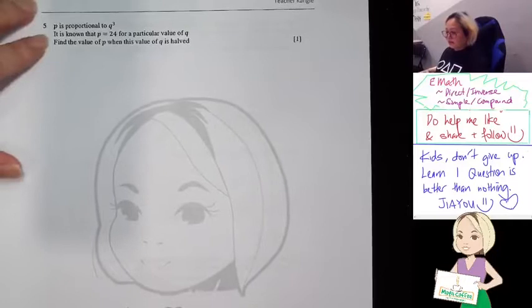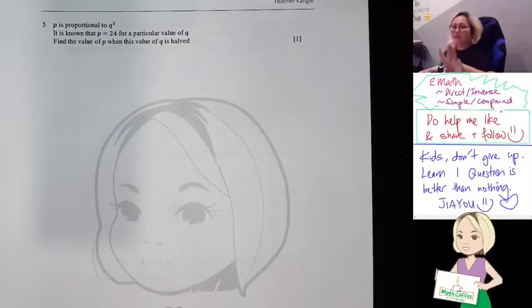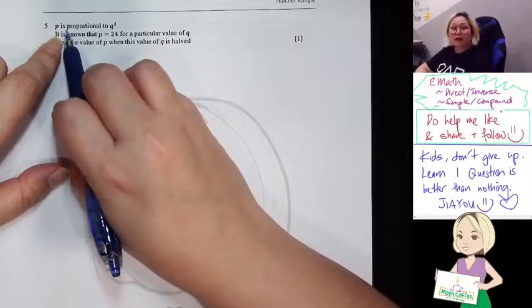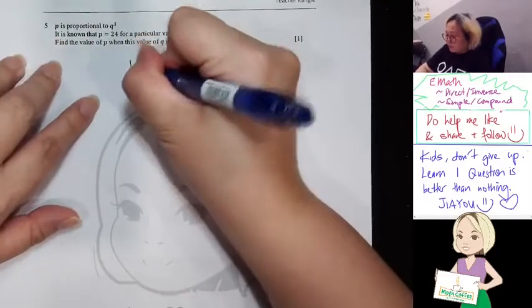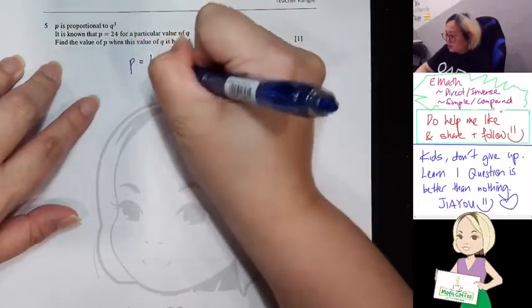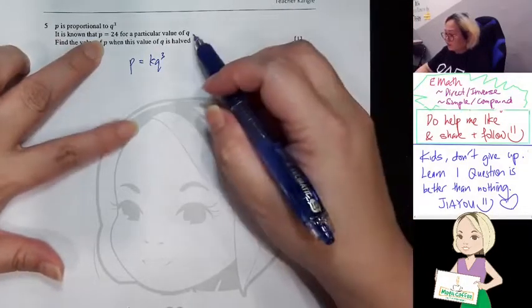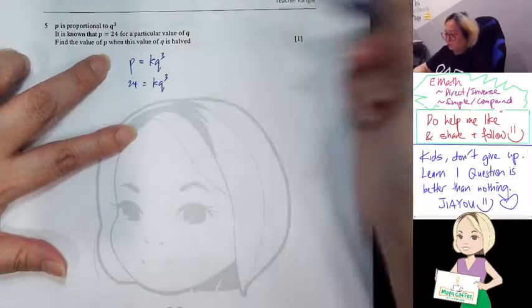Ooh, I just realized that I have the half question, but just now I already did the half. So this one is considered a recap for you. Remember, I said just now, when it does not mention direct or inverse, by default it is direct proportion. So P equals KQ cubed. They say P is 24 for a particular value of Q, so you say 24 equals KQ cubed.